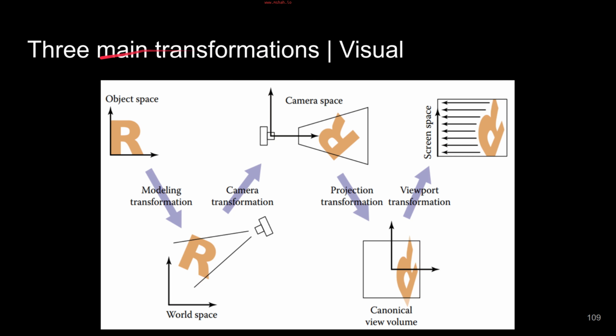Okay. So again, here are just the 3 main transformations. A visualization, moving something from object space, so this local coordinate system, to the model transformation where we say, hey, I want to move R and rotate it and do those transformations. So here it is. And then we view this R here from our camera. So then it'll have some other orientation depending on where we are in the world, our camera.